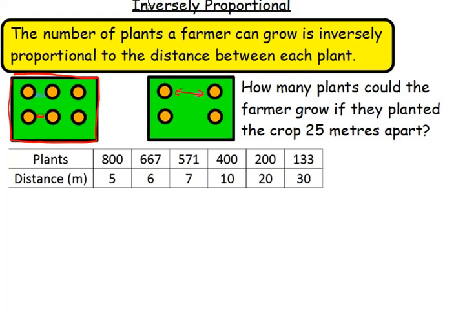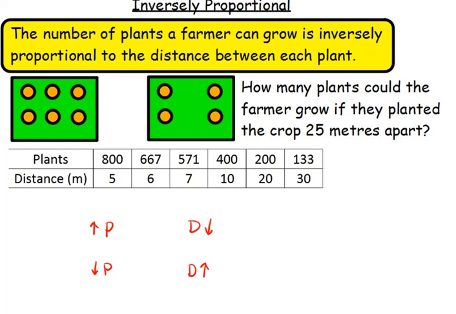So this is an example of inverse proportion, because if you make the distance between each crop small, then the number of plants you get is more because you've packed more plants in that field. But if you make the distance between each plant large, then you won't be able to fit that many plants in your field, so you'll get fewer plants in the field.